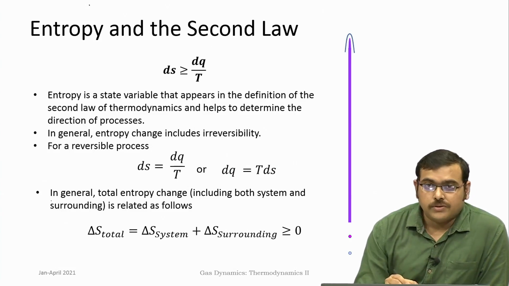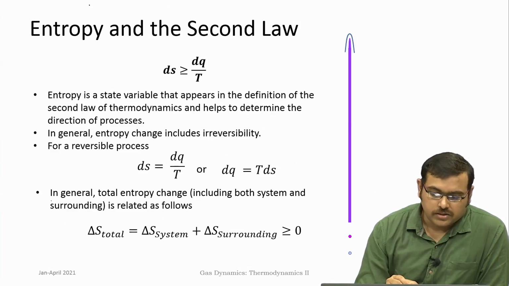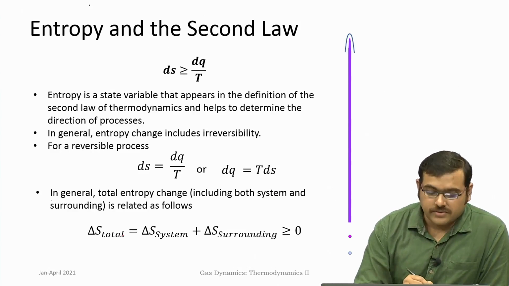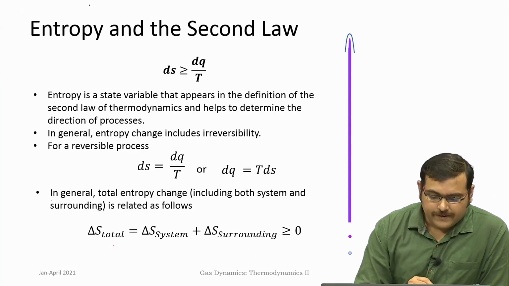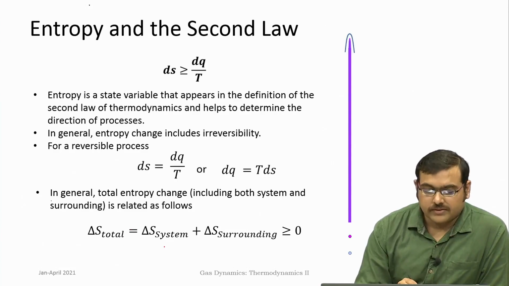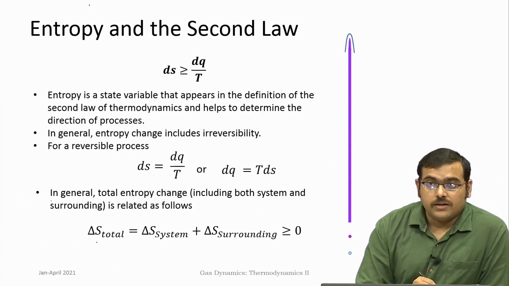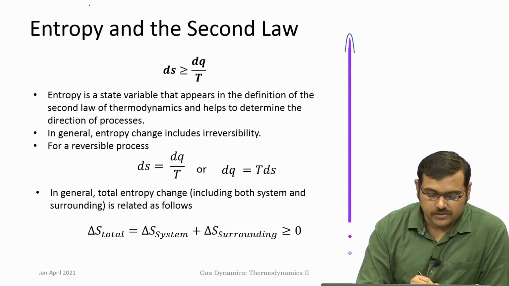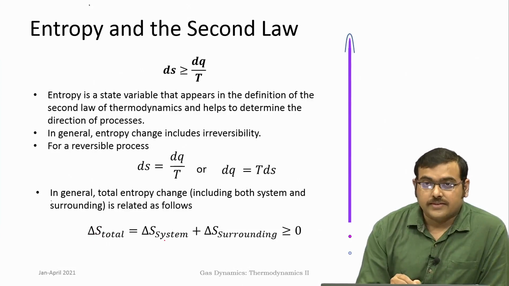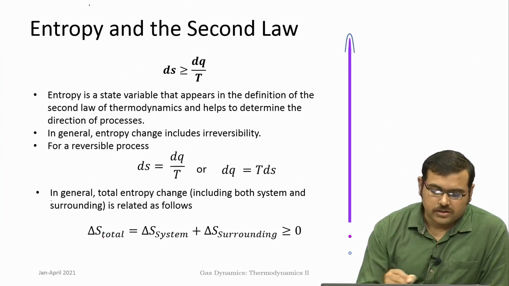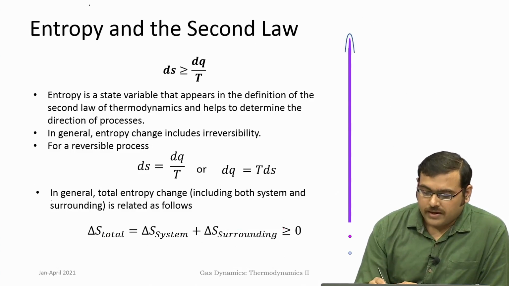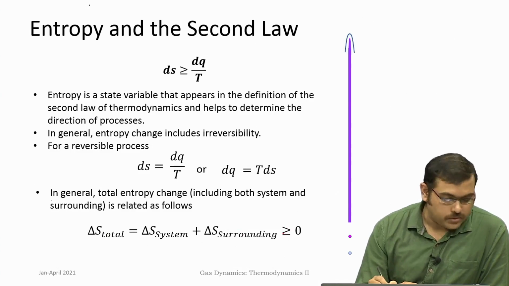Now, in general we should remember that the total entropy change actually includes both the system and surrounding, and the second law relates to the total entropy change. So, delta S total, the total here even including the change due to mass also, is delta S system plus delta S surrounding, and this change in the total entropy has to be always greater than or equal to 0.